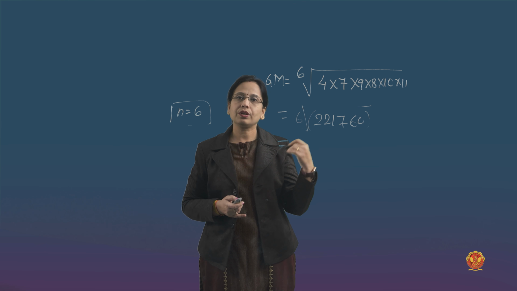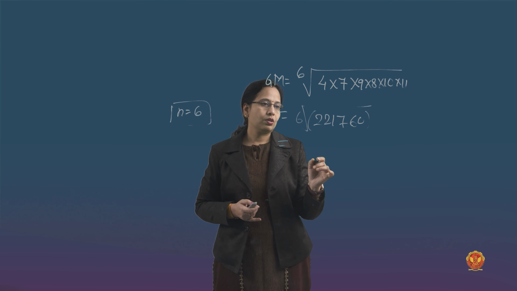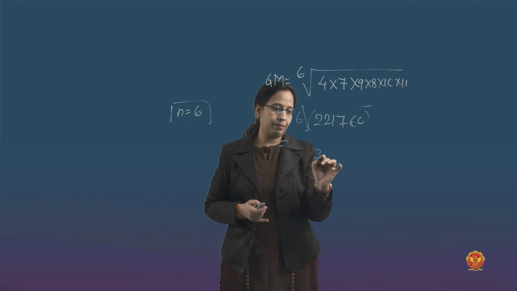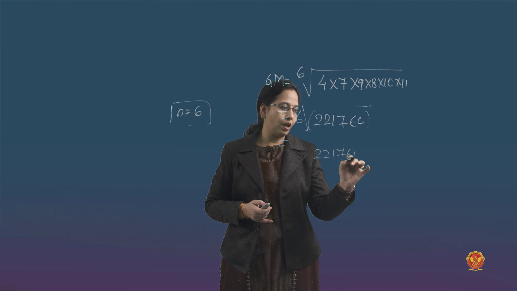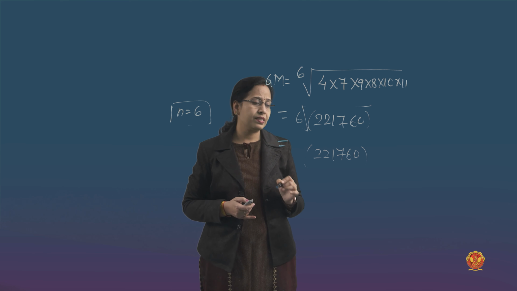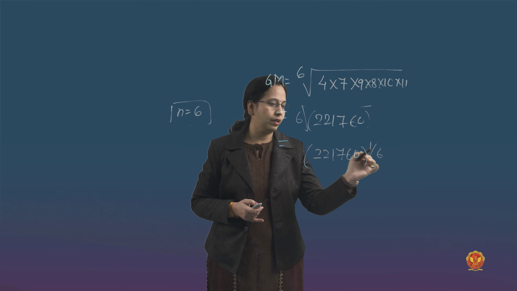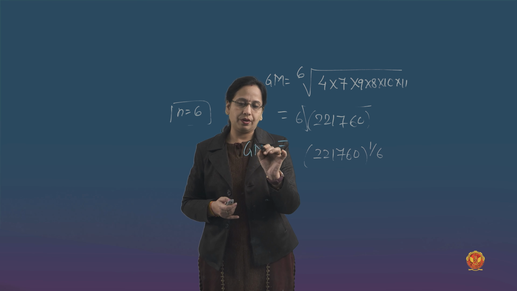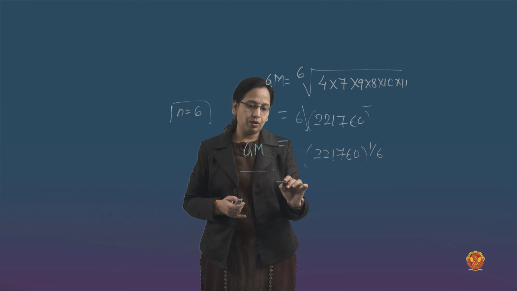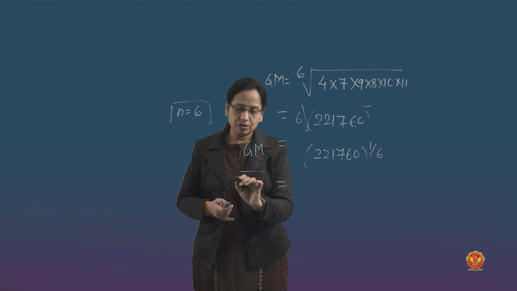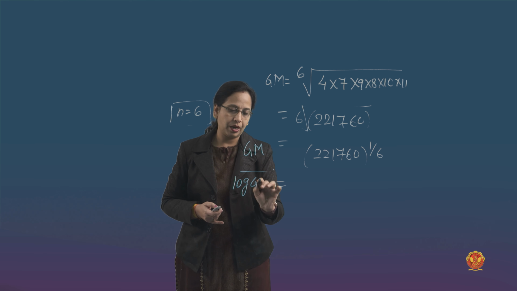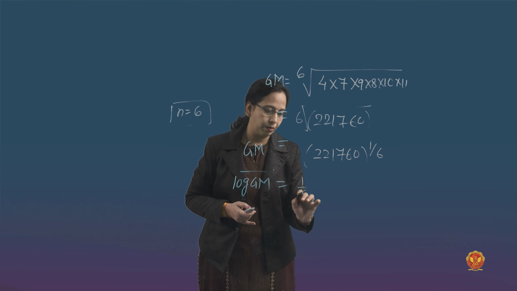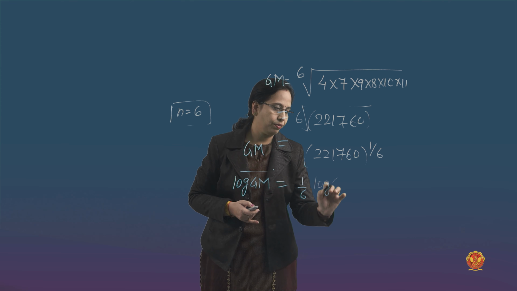Use your calculator, or you can even apply the logarithm system. Either way, it depends on whether you are allowed to use a scientific calculator; if so, straightaway apply the formula and calculate the geometric mean. Or, if you apply logarithms, then log of GM becomes 1/6 log of this value.